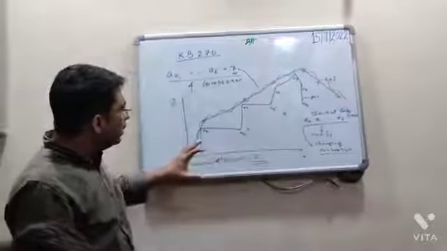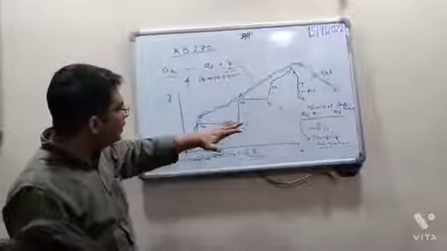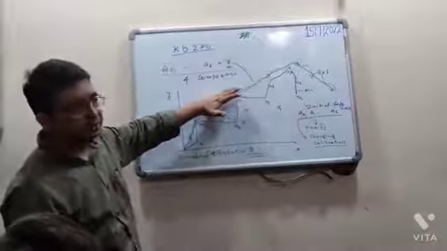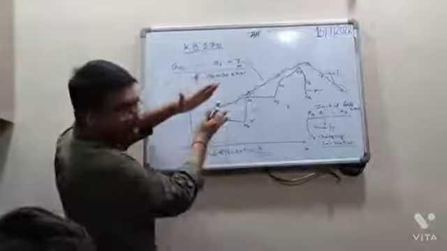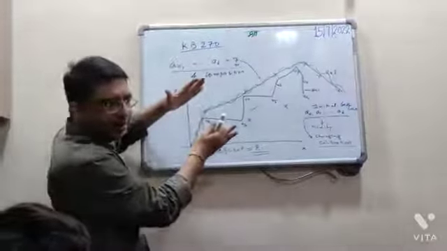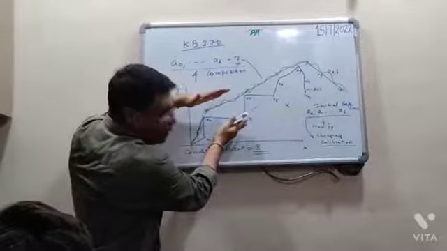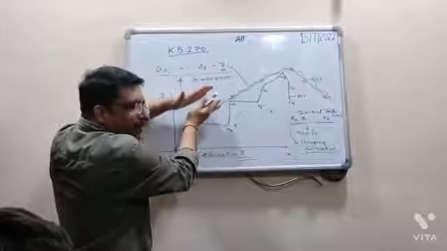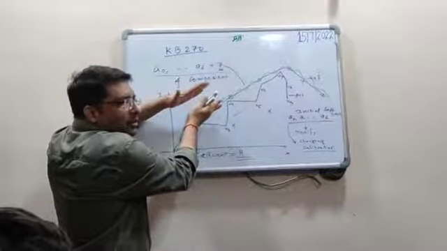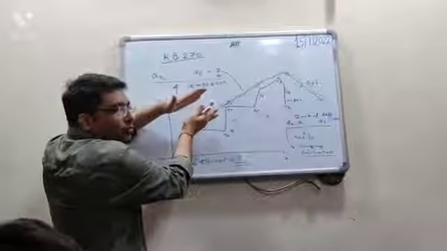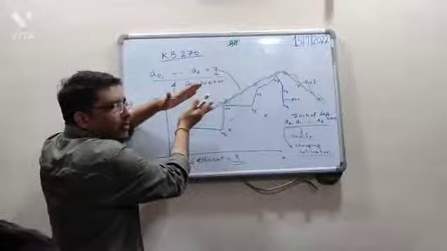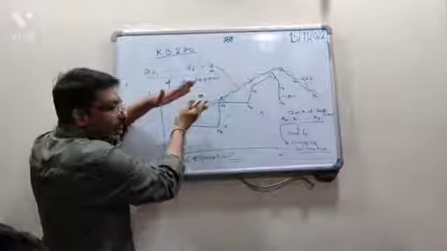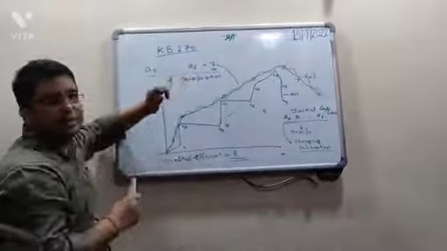So what was our objective? This value should match with this. So how well this actual value is aligned with the reference value, that information will be given by the coefficient of correlation.